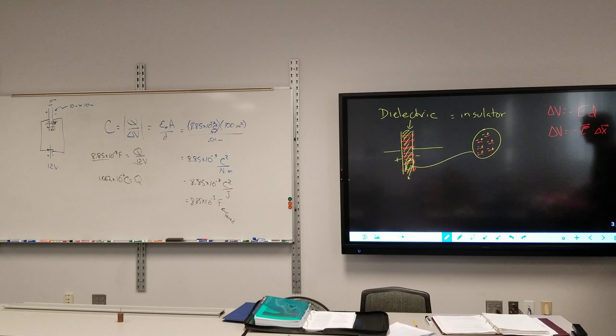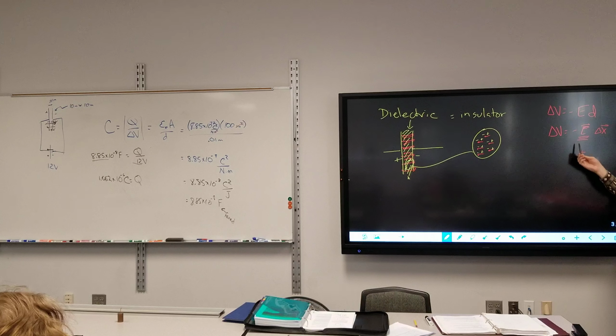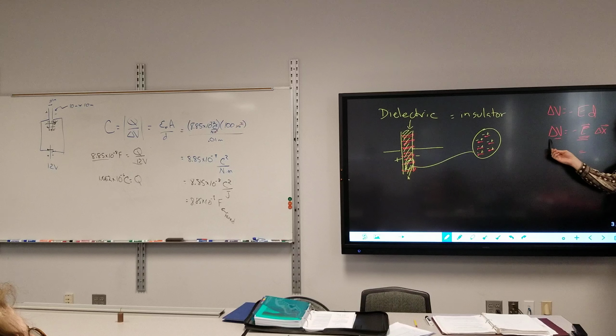That's more accurate. So this holds true. If my electric field gets smaller, my voltage would get smaller, assuming that I have the distance fixed.